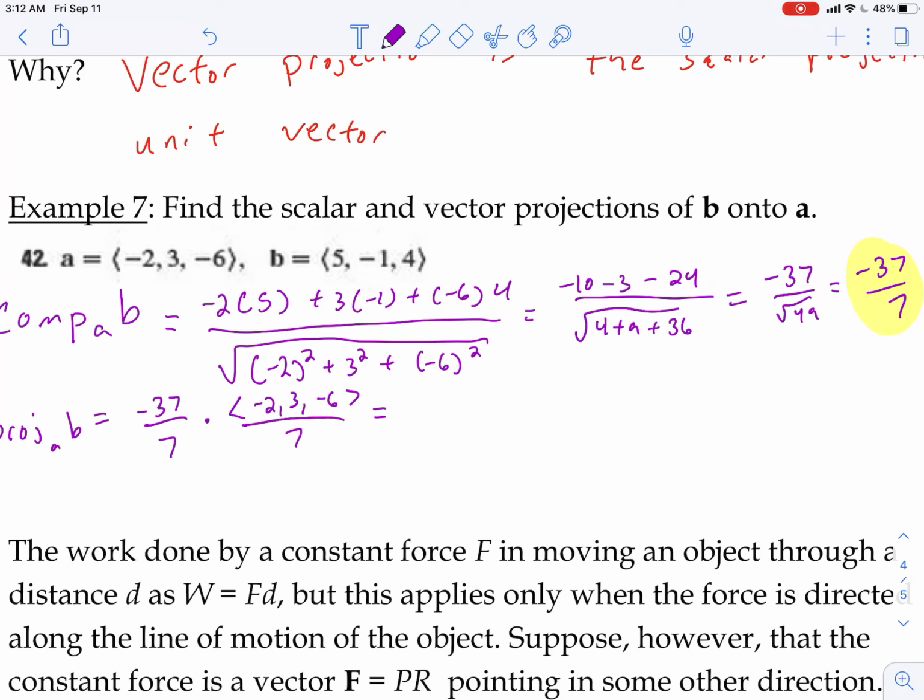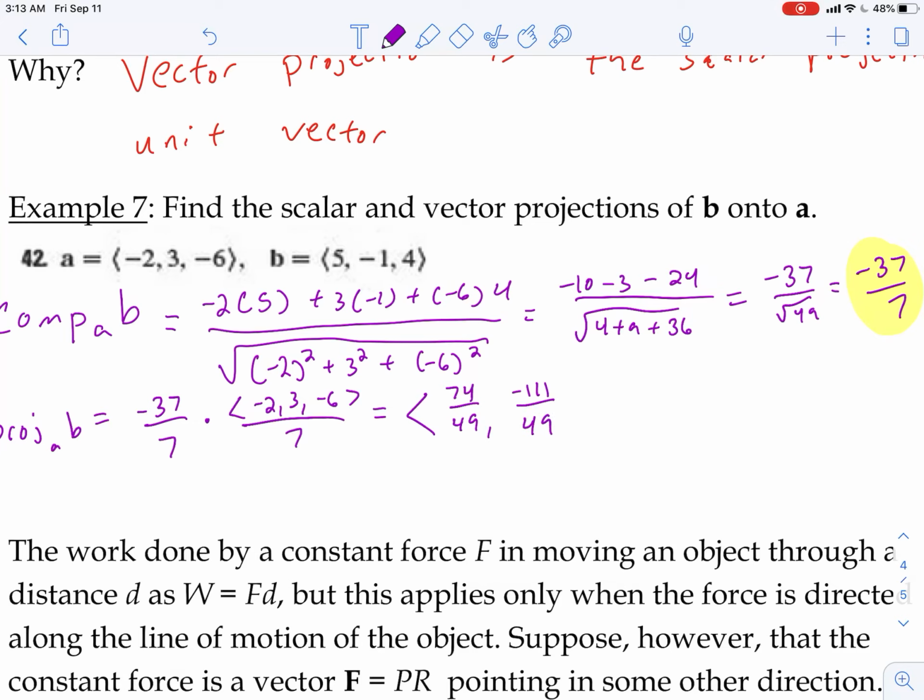So -37 times -2 is going to give us 74 over 49. -37 times 3 is going to give us -111 over 49.